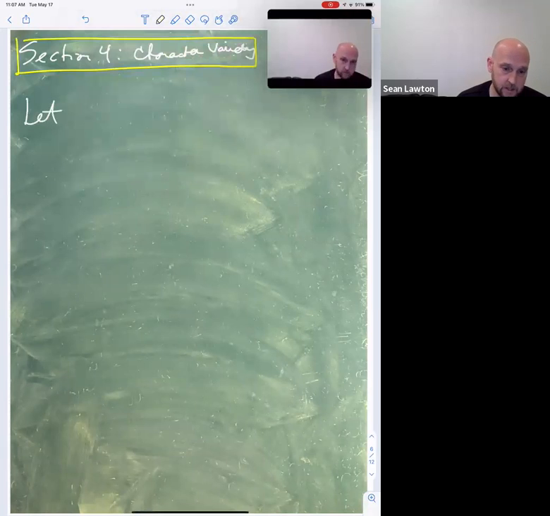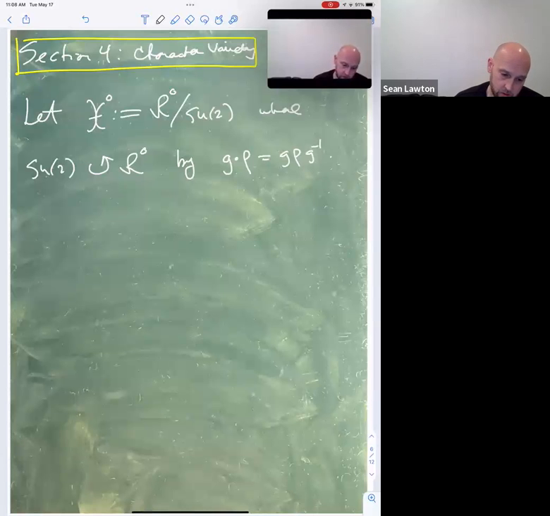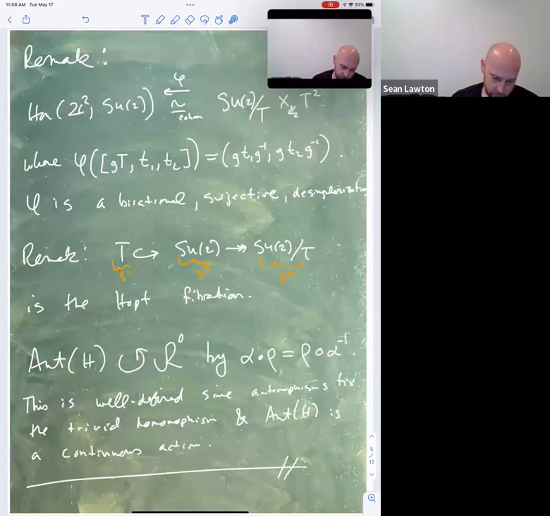So we're going to let math frac 0 be the quotient of the connected component of the identity by SU2, where SU2 is acting on Hom space by conjugation: an element G in SU2 acts on a representation rho by G rho G inverse.